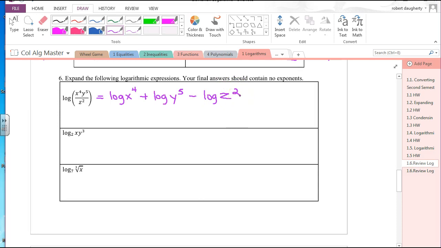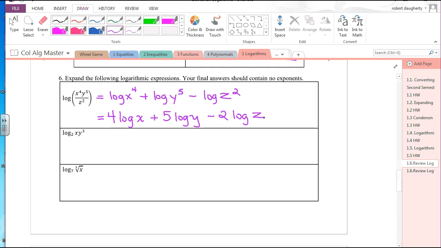And to get rid of these exponents, I'm just going to use the power rule. This is 4 log x plus 5 log y minus 2 log z.